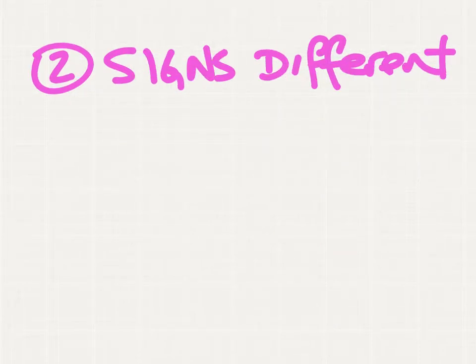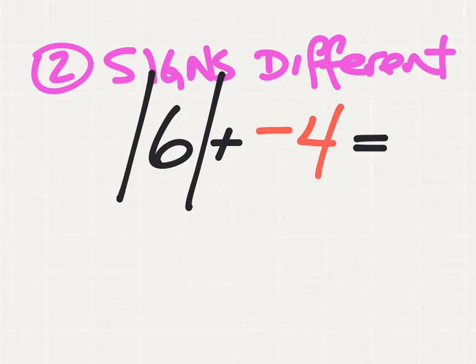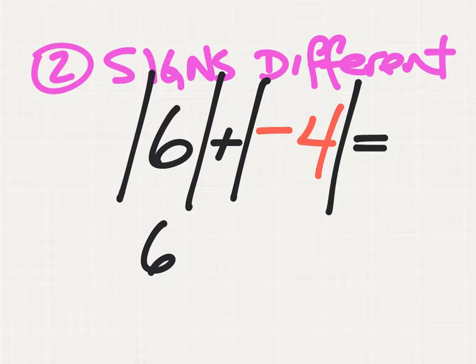Another example where the signs would be different would be if I were adding, say, positive 6 plus negative 4. The signs of my two integers are different. The absolute value of 6 is 6. The absolute value of negative 4 is 4.